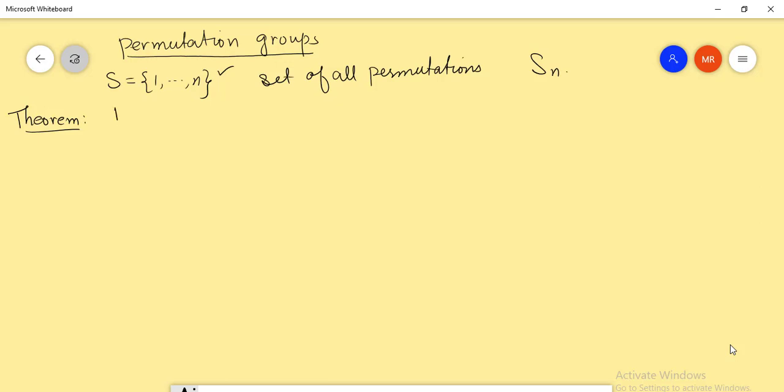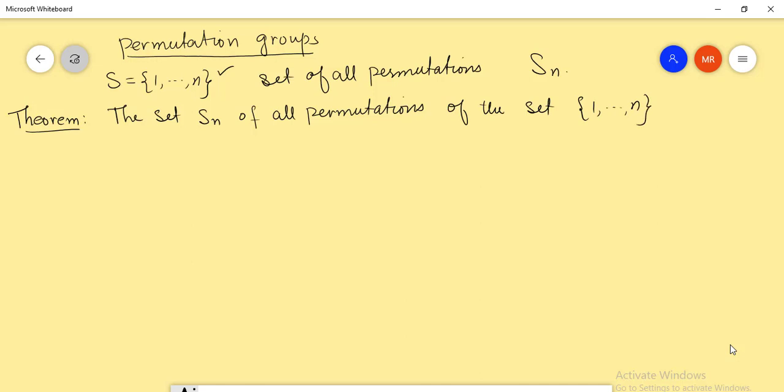It says that the set Sn of all permutations of the set is a group under composition of functions.